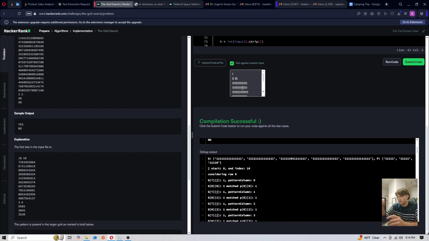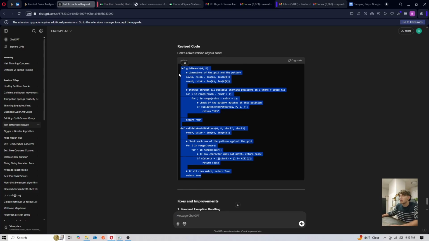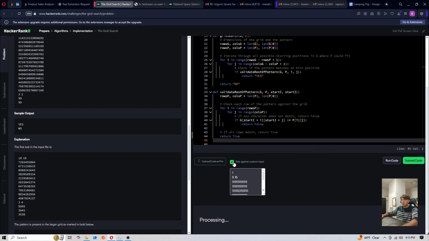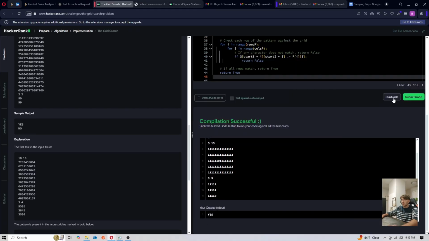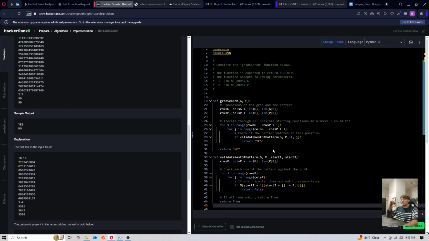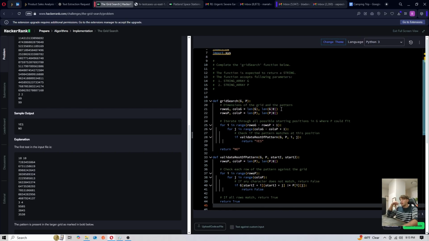All right. So, let's go ahead and run this. All right, well, we're going to go ahead and take this solution. So let's go ahead and get an idea of why it's doing this. So rows of the grid, columns of the grid, D. For the rows of the grid minus the rows, thing plus 1.